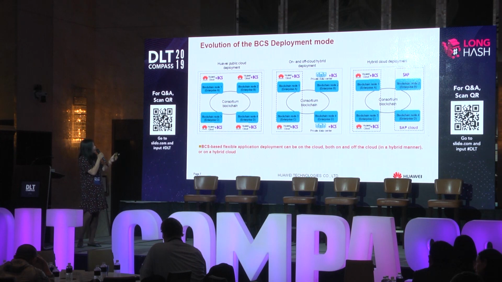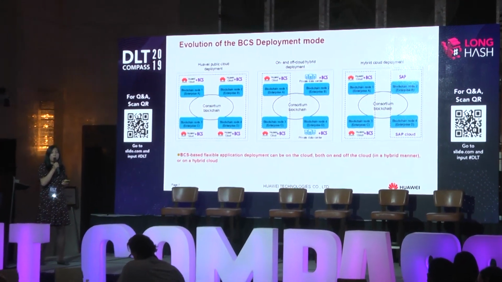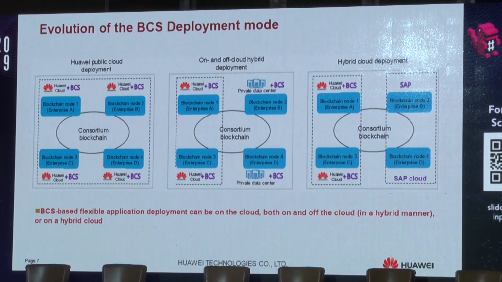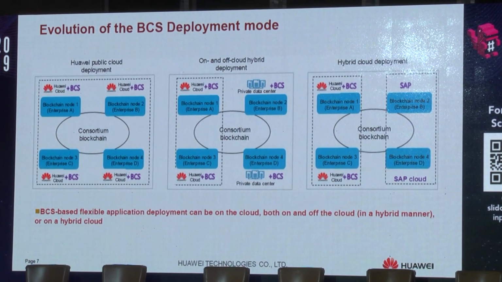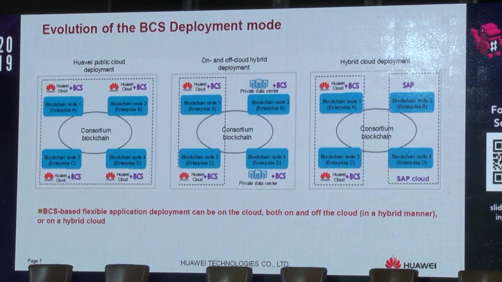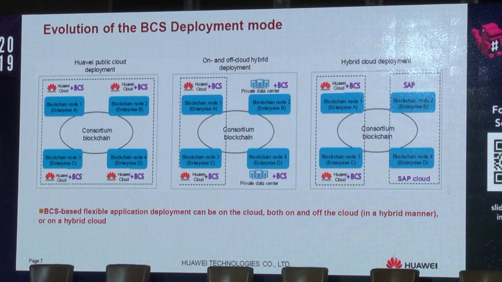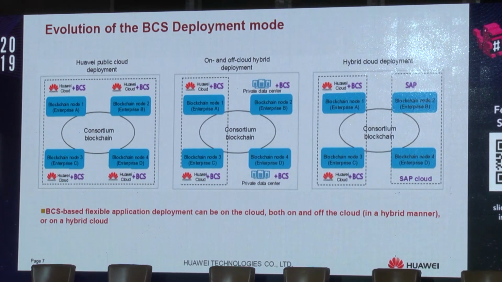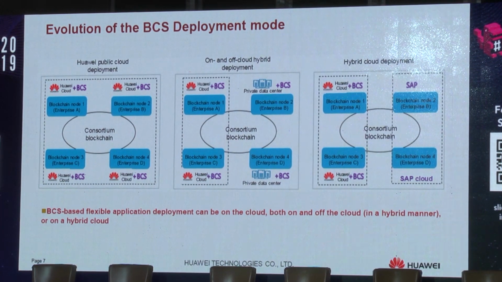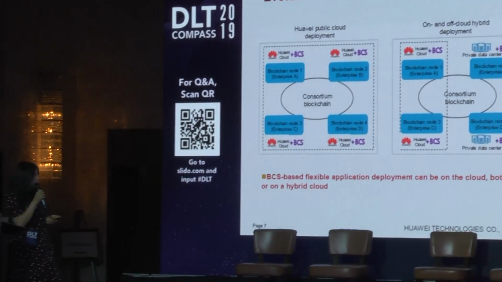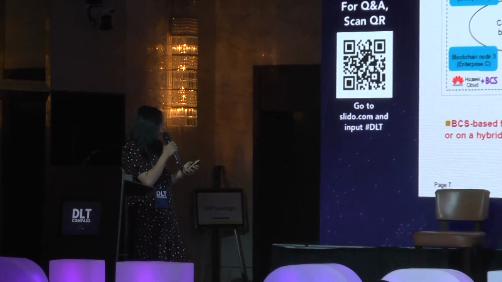For example, some peers you can put into the Huawei public cloud, and some peer nodes you can deploy to your private data center. This is the second part. The third part is you can also deploy some peer nodes in Huawei public cloud, and some peer nodes on other cloud platforms like SAP. We have some collaboration with them to create a consortium blockchain network. So this is the deployment mode.